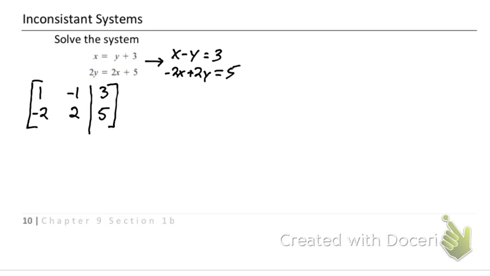So we already have our 1, which means I go to the next step, which says locate what needs to be 0. Well, this negative 2 needs to be 0. So that means I'm going to multiply this 1 by a positive 2, so I can have 2 times a negative 2 being a 0. So we're going to do 2 times row 1 plus row 2 is going to become my new row 2.